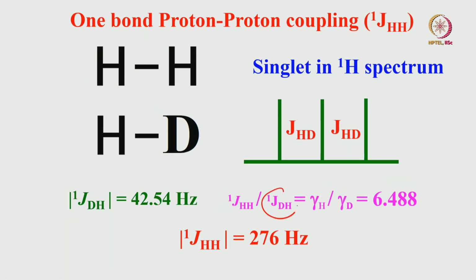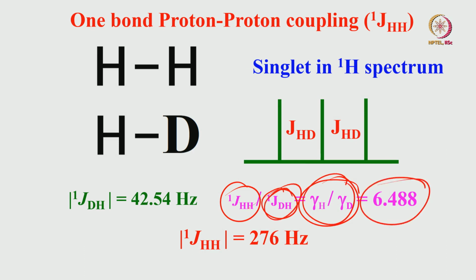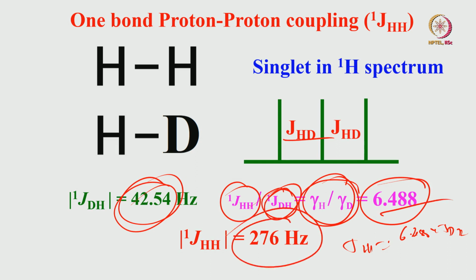Remember, JHH over JHD is equal to gamma H over gamma D, and this ratio is known, 6.488. So, JHH is going to be 6.488 into JHD. JHD I can measure from this separation, which is 45.54 hertz. Multiply this by 6.488, you get 276. This is the HH coupling.